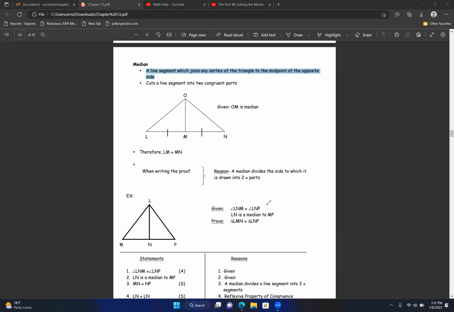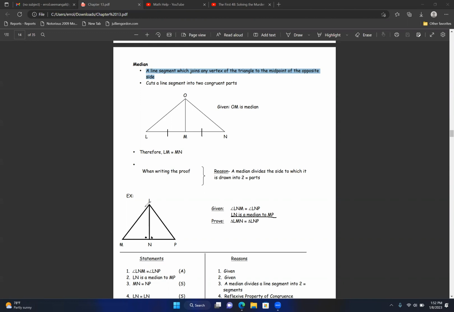So here's how you write it. Angle LMN equals, oh, on this one, my bad, not this one. Angle LMN, which is this angle right here, equals LNP, which is this angle right here. And then this is the reason right here: LN is a median to MP.